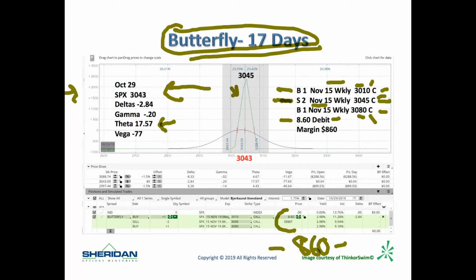But this is a debit transaction. The trade would be $860. So as Rick says, the at the money has the most extrinsic value, and here we're buying an in the money and an out of the money. In the money and out of the money options have less extrinsic value than the at the money.